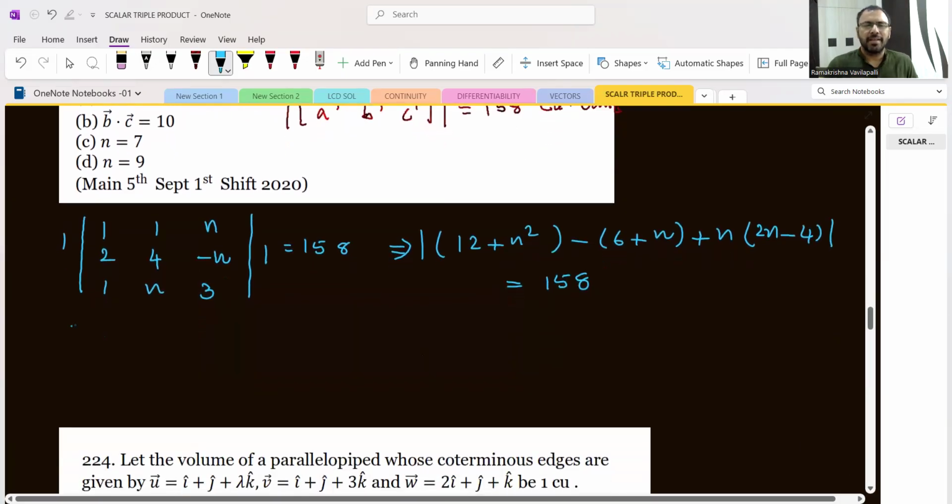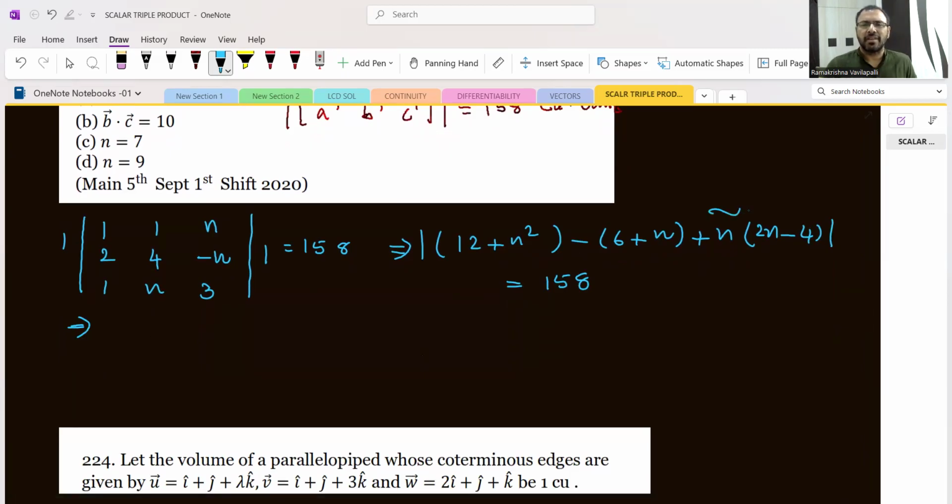So this implies we have n square, 2n square, and n square, so totally we have 3n square. And this is minus 4n minus n, so minus 5n. And the constant, 12 minus 6, that is plus 6, equal to plus or minus 158.